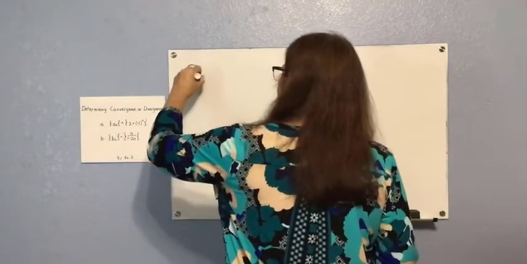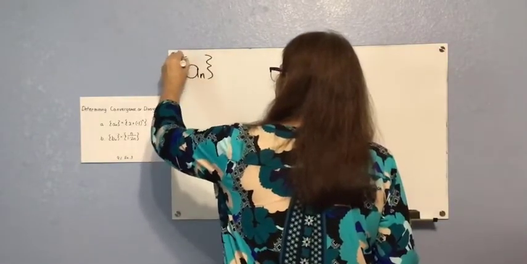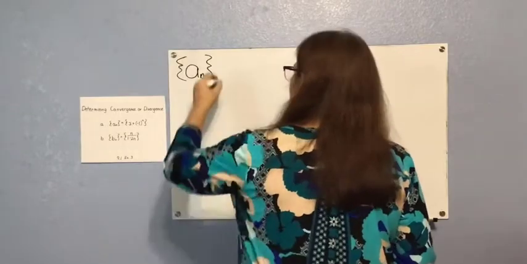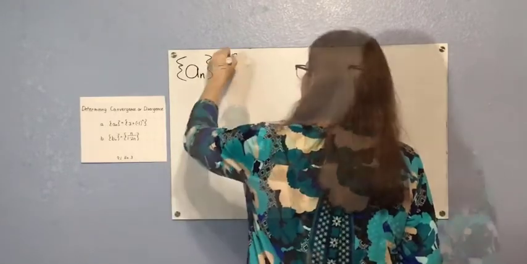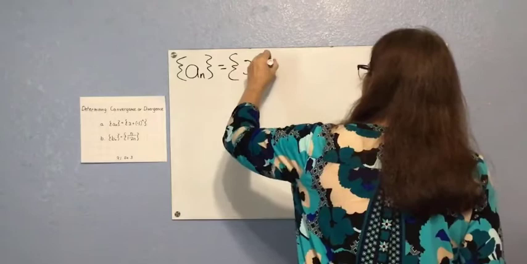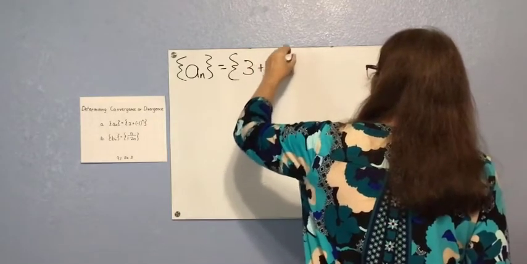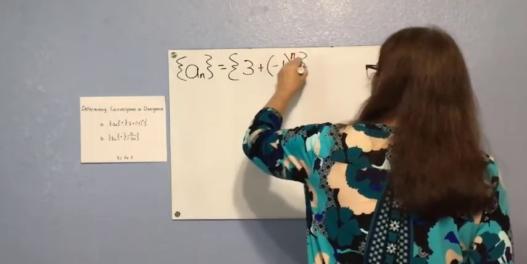So our first sequence, a sub n, equals three plus negative 1 to the n power.